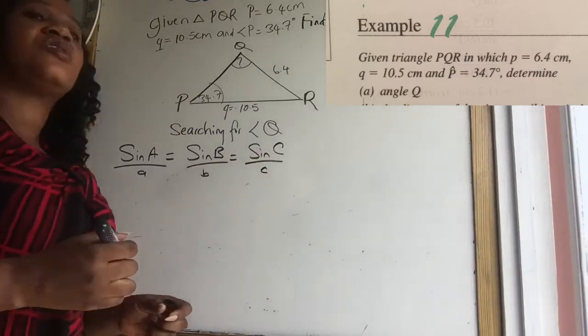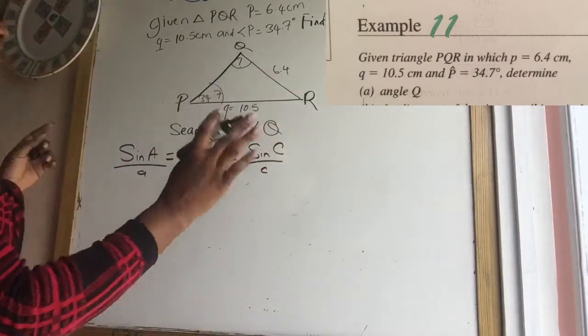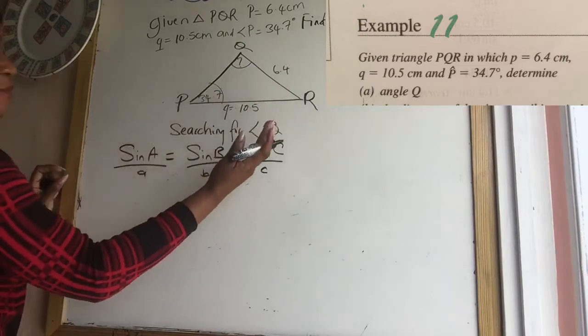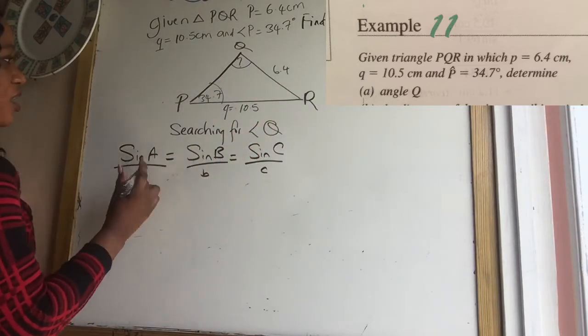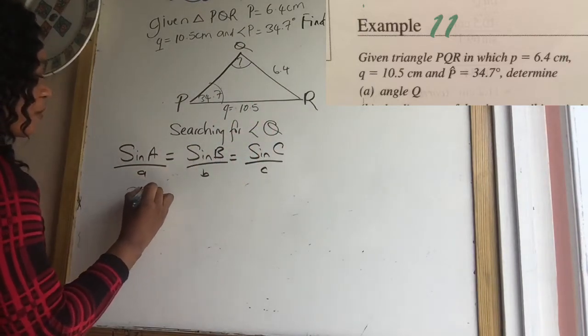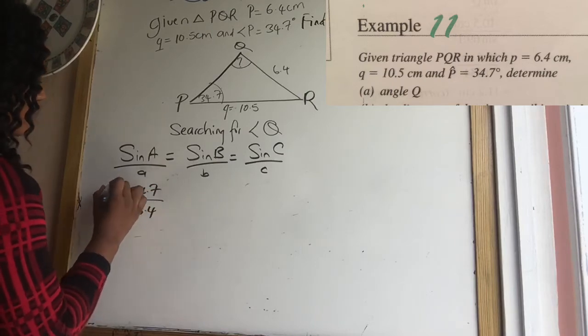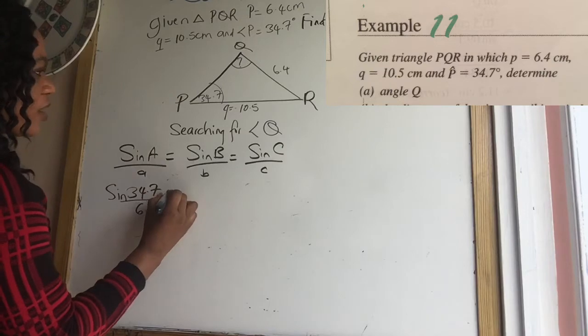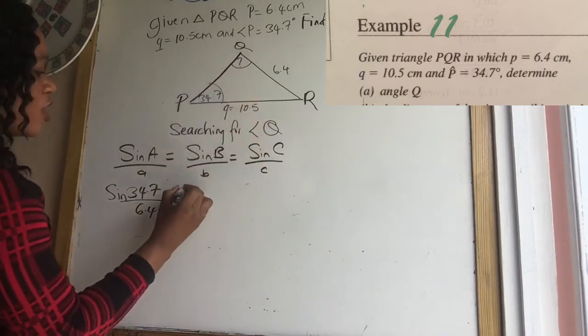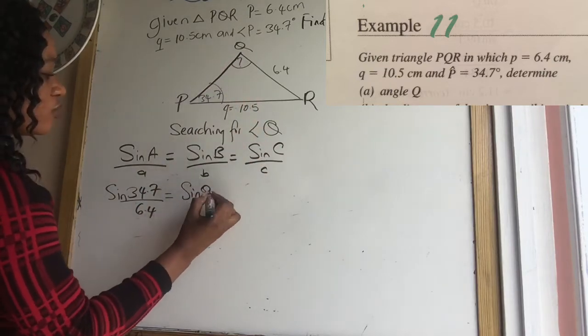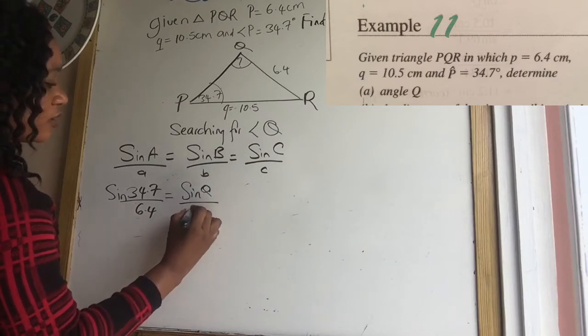So we're going to substitute. This is PQR, so where my A is, I would have P. So sine P would be sine 34.7 divided by 6.4, and that is equal to, for my Q, sine Q divided by 10.5.